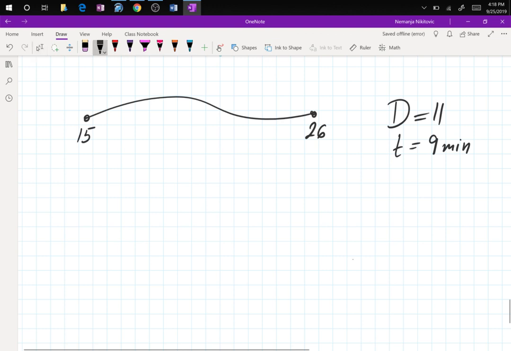Anyway, so what do we have now? If I want to calculate the average speed, I'm going to take the distance I have to cover, which is 11, and divide that by the 9 minutes. But we don't like 9 minutes, because we don't calculate the speed in miles per minute.